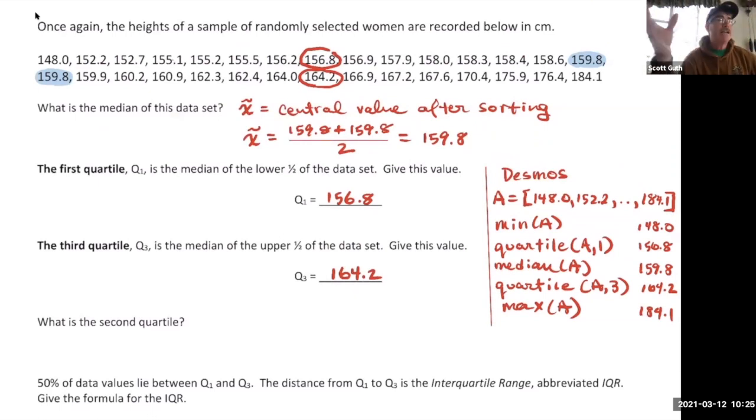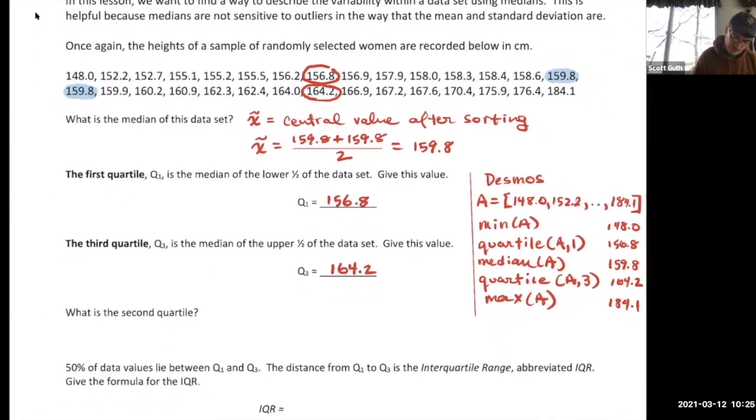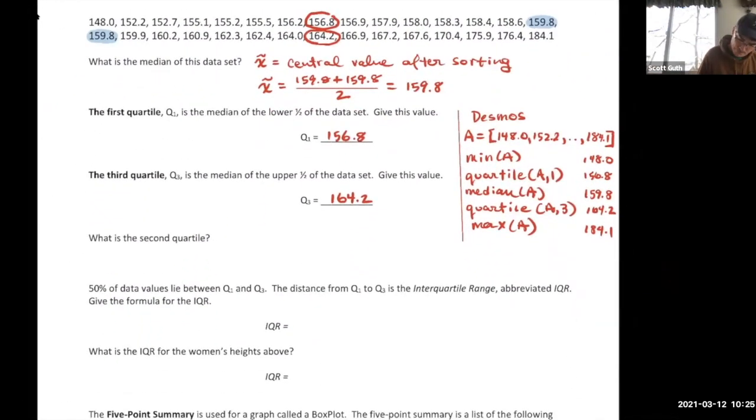So again, there are 5 dividers, but they make 4 groups. If you want a sort of a picture of this, you have all these data points here: the min, the max, the first quartile Q1, the third quartile Q3, and the median.